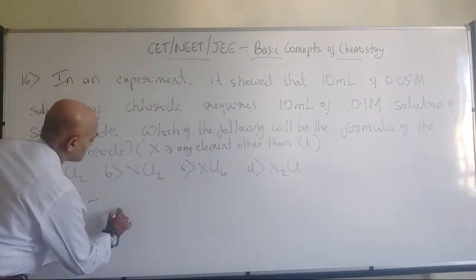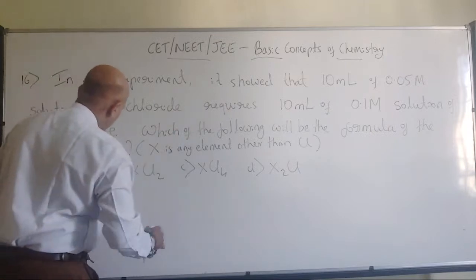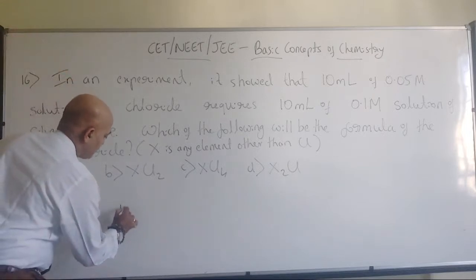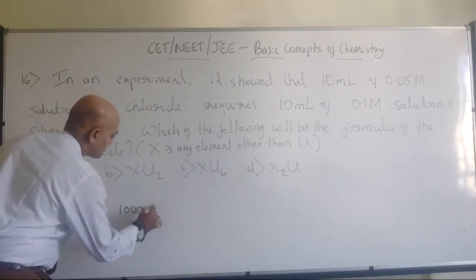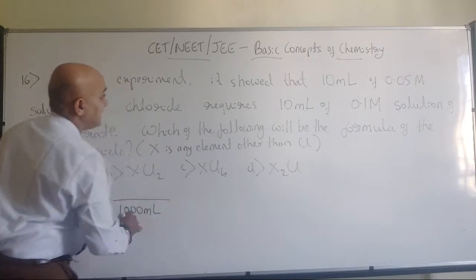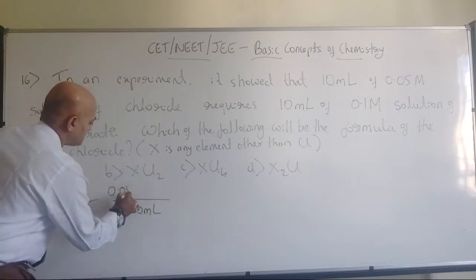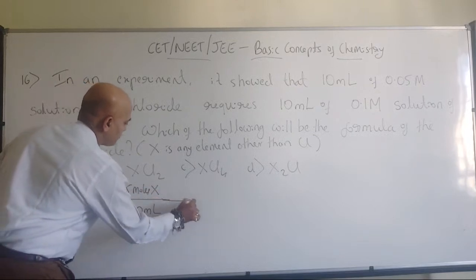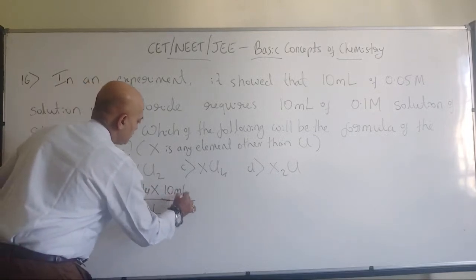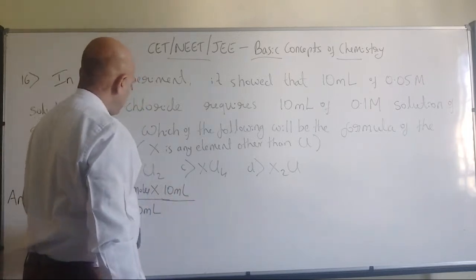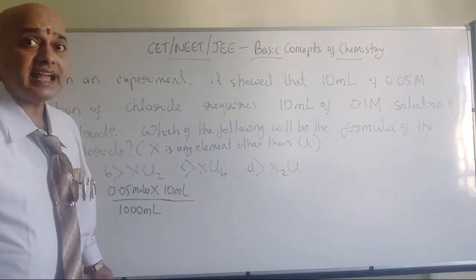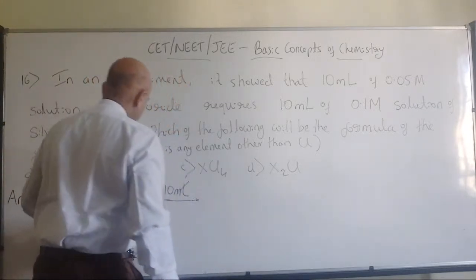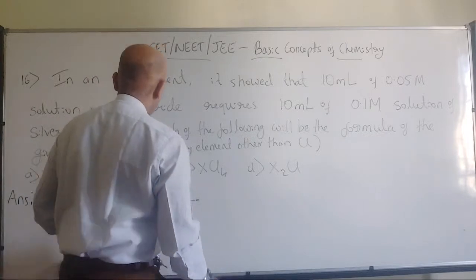For example, we have 0.05 molar, right? That will be for 1000 ml, so for 1000 ml it is 0.05 moles. How much will be there for 10 ml? Naturally, ml will get cancelled, and the answer will be in terms of moles.